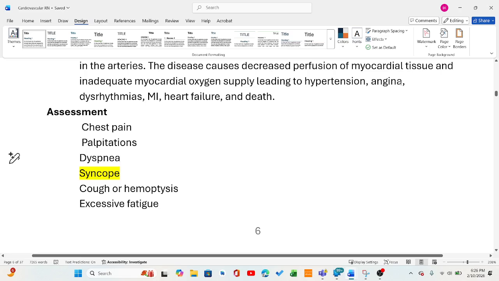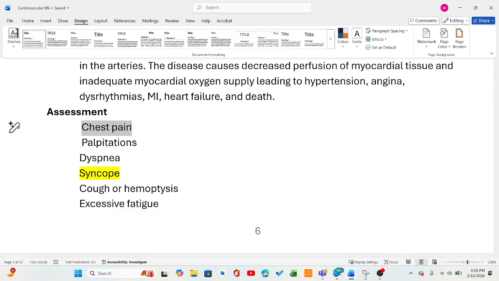When it is angina, there's going to be chest pain. So chest pain is not specific to either MI, heart failure, or angina. When the person complains of chest pain, the first thing you ask yourself is, it could be angina, it could be MI, it could be heart failure, but how do I differentiate?